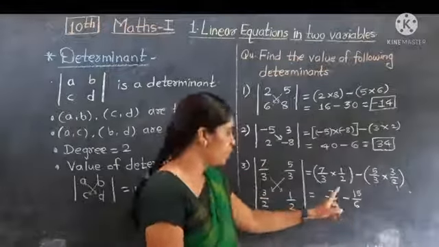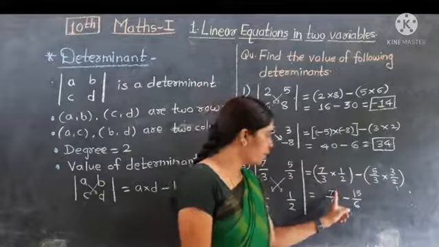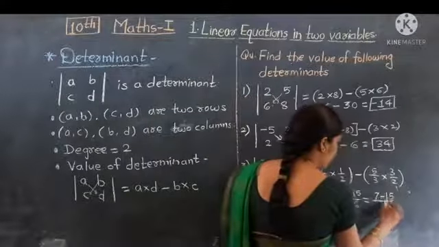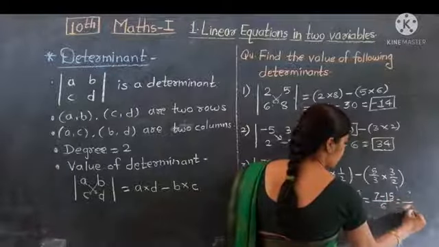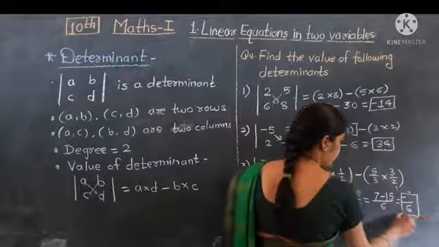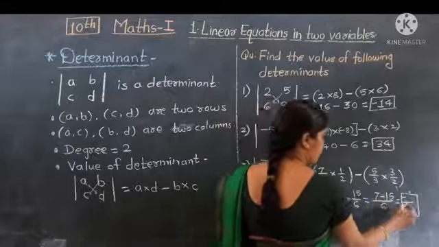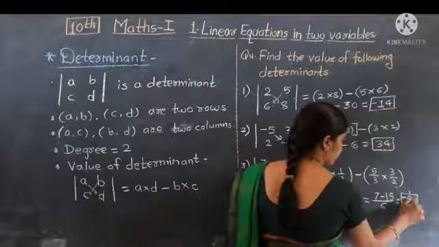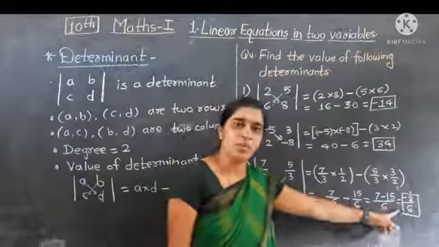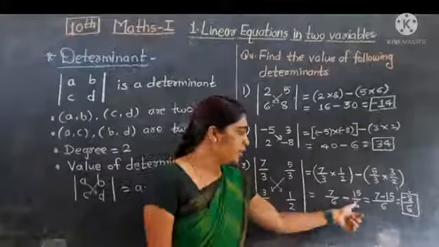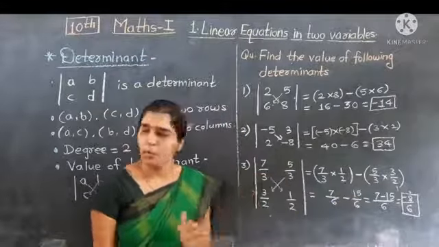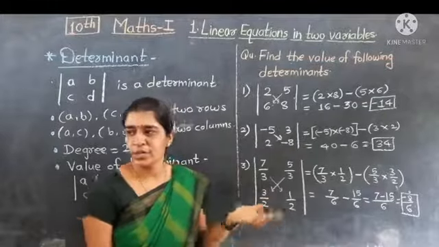Here the denominator is the same, therefore you can directly subtract the numerators. 7 minus 15 upon 6. The greater number sign is minus, 15 minus 7 is 8. So the final answer is minus 8 upon 6. If the denominator is not the same, then you take the LCM and then calculate.